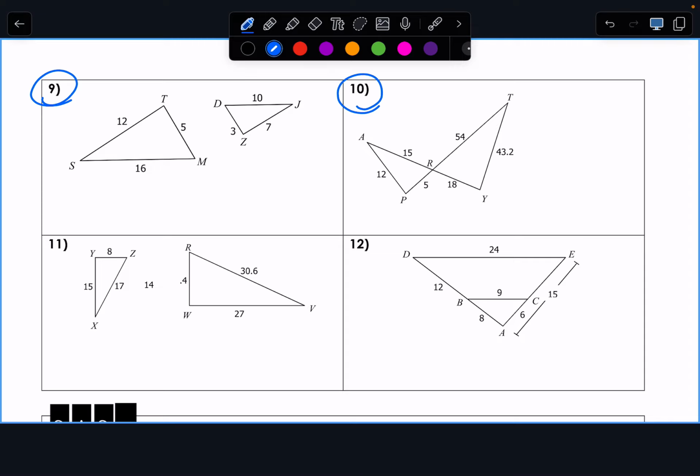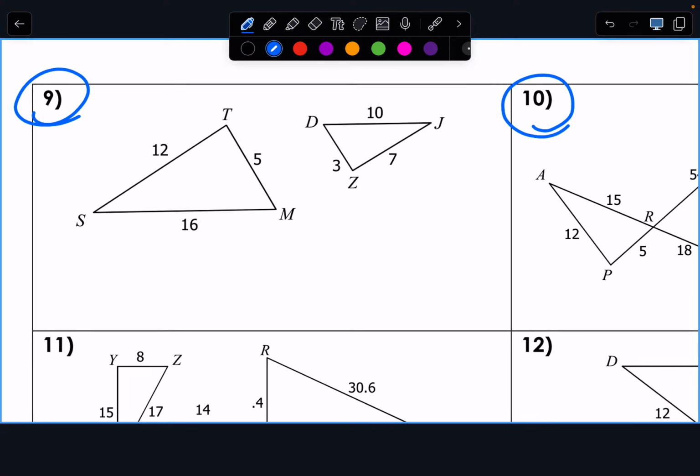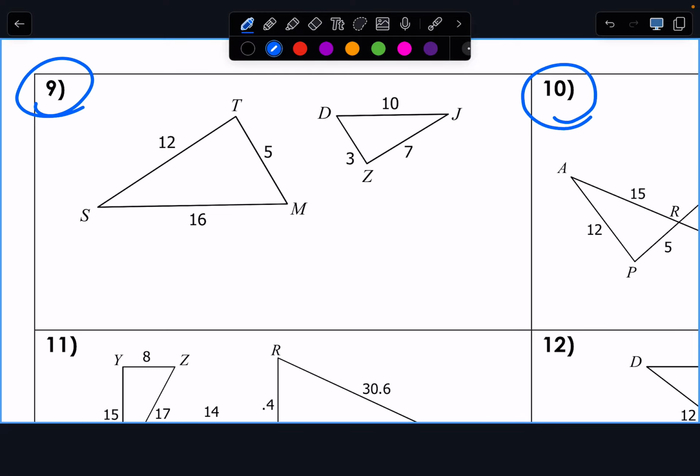So 43.2 goes with 12. Micah, do you have a question? In number 9, what are you getting? What did you match 12 up with? 12 and 7 correspond.